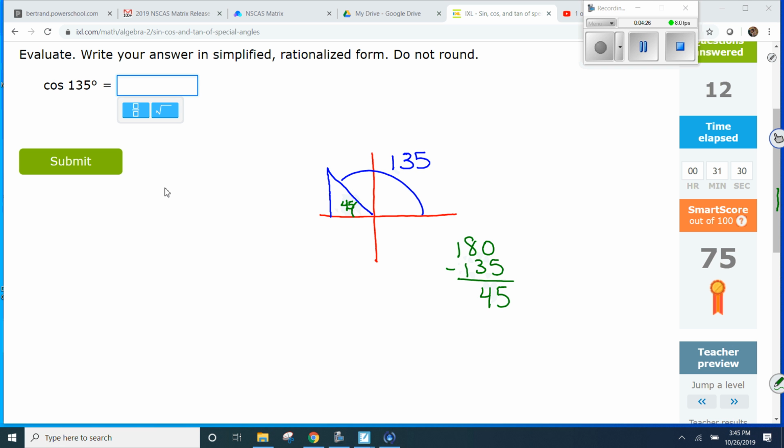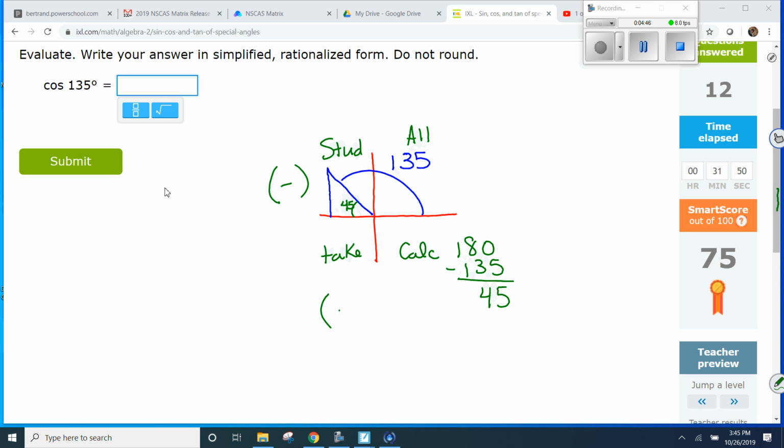The other thing is they do say cosine, so you got to remember all students take calculus. And when they say 135 degrees and they want the cosine, cosine in that second quadrant is negative.